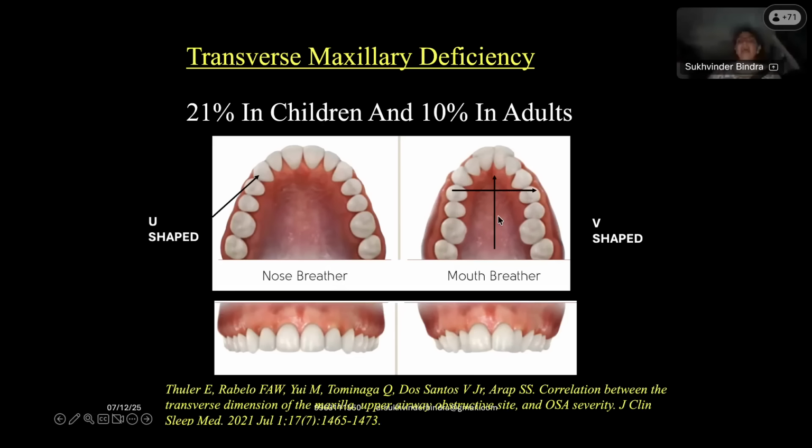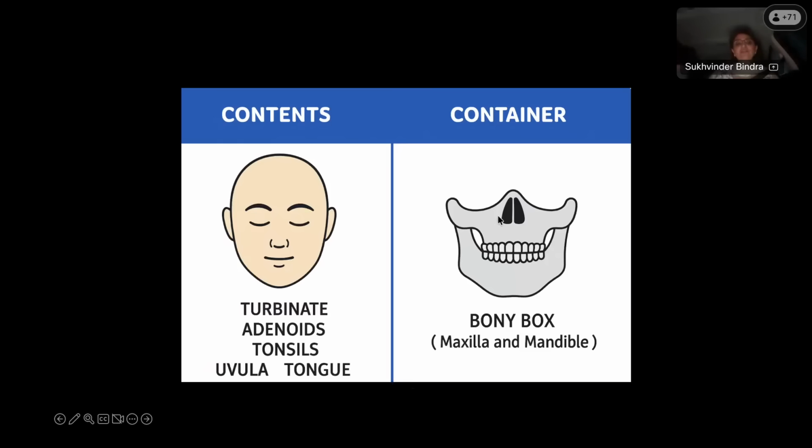And as ENT surgeons, as Dr. Vikas already explained, there are the contents and the container box. So we as maxillofacial surgeons deal with the container part, or the bony box, which has the maxilla and mandible. The earlier protocol advocated that if soft tissue surgery, whatever plasties and turbinectomy you do, fails, then maxillomandibular advancement.